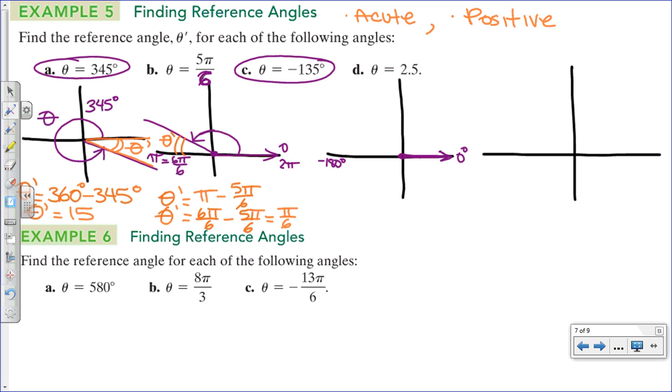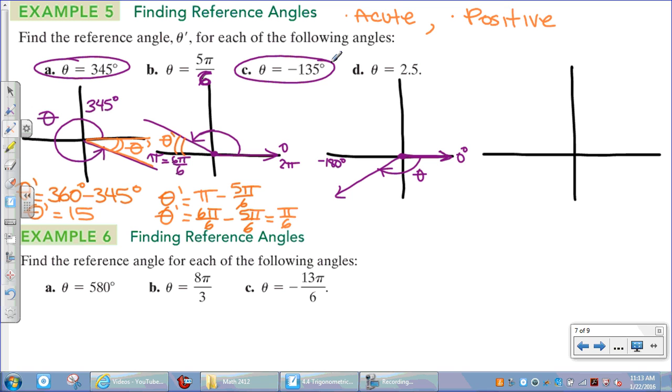So negative 135, will that be before or after negative 180? Before. So it will be somewhere here. That will be angle theta.